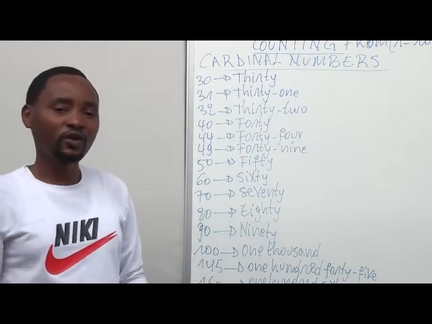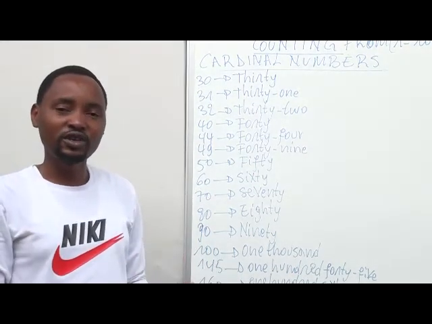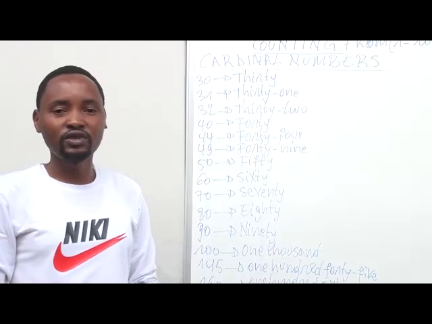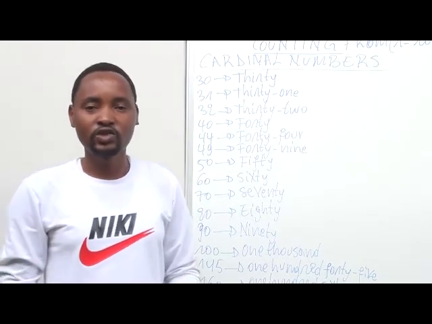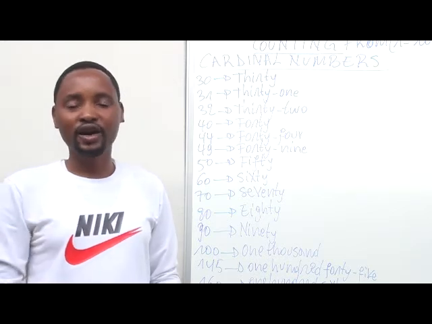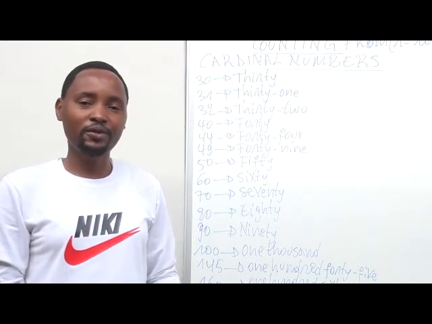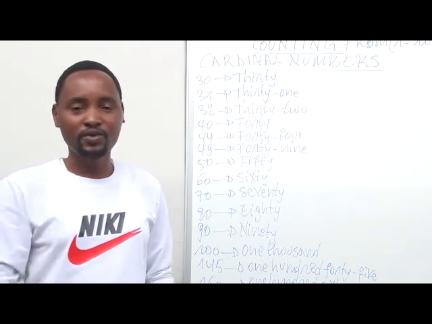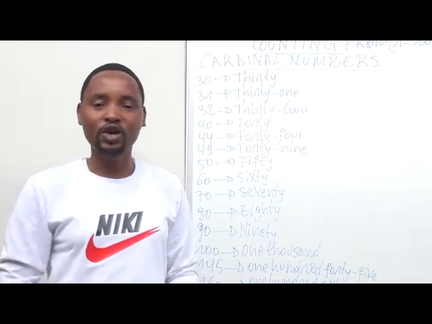If we have 1 after 50, it will be 51. If we have 2 after 50, it will be 52, 53, 54. I have not written all numbers here because I think you now understand how to make it.